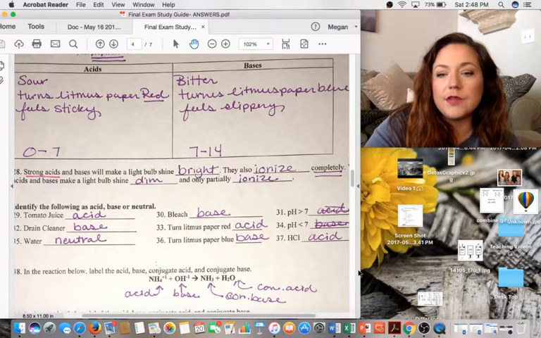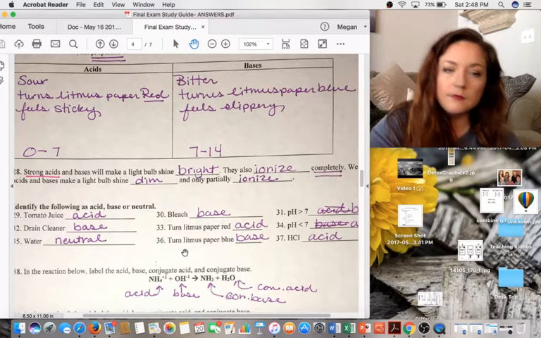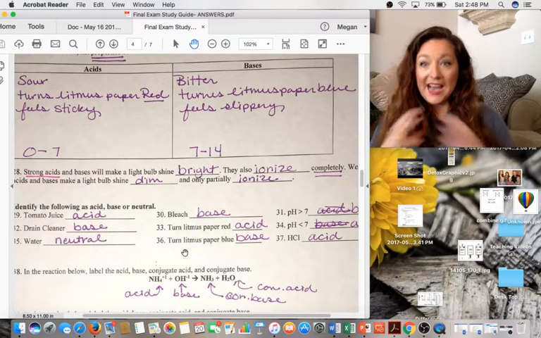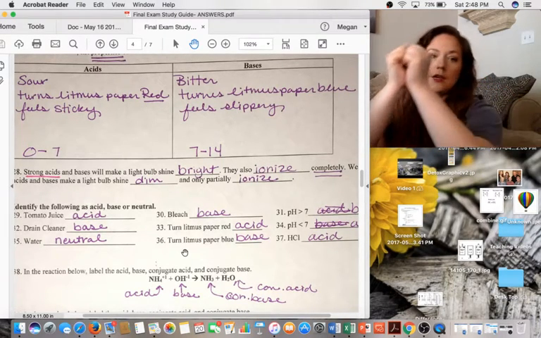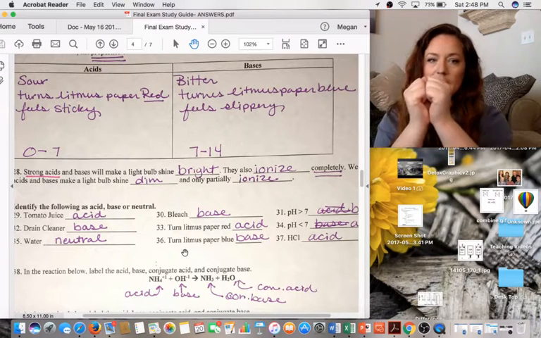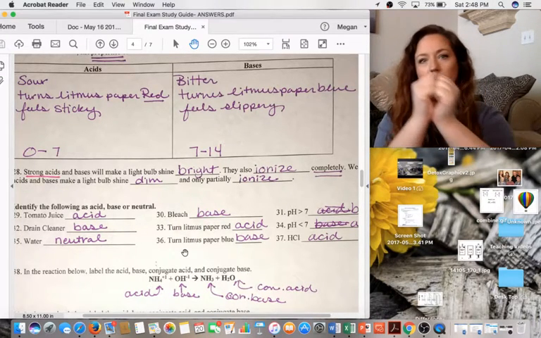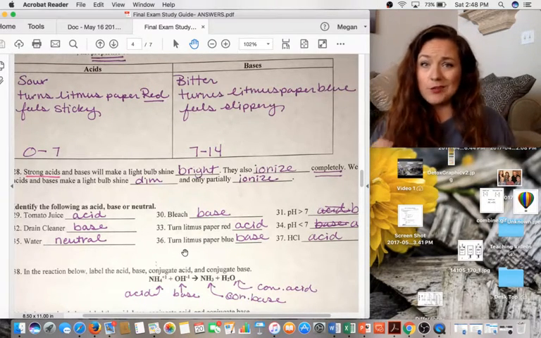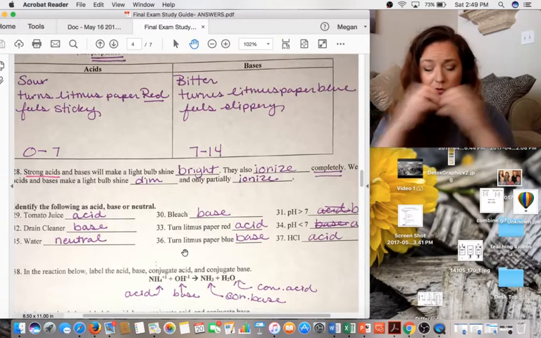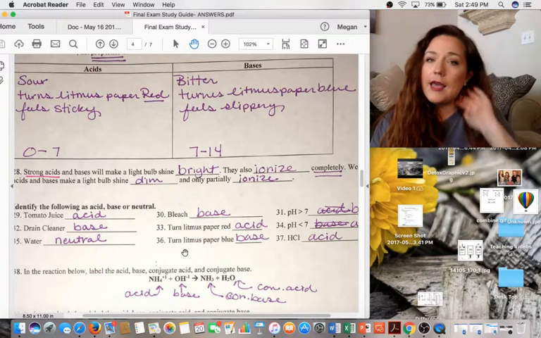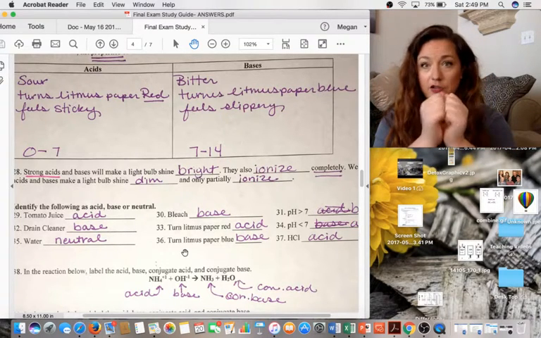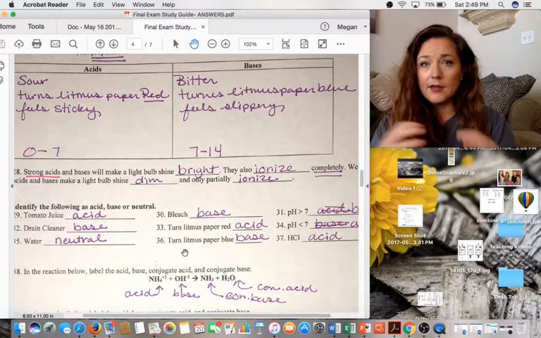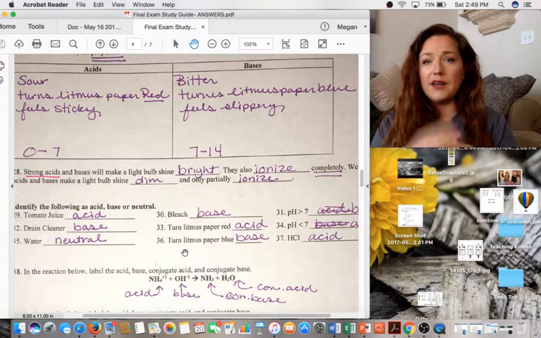All right, so strong acids, strong bases. What is happening is ionization. You have your molecules here, like hydrochloric acid. If it gets in water, the hydrochloric acid breaks apart, and you have positive and negative parts running around. Every single hydrochloric molecule is now broken and dissociated, so you have all those extra positive and negative ions.